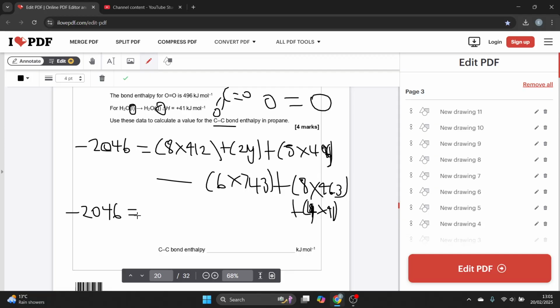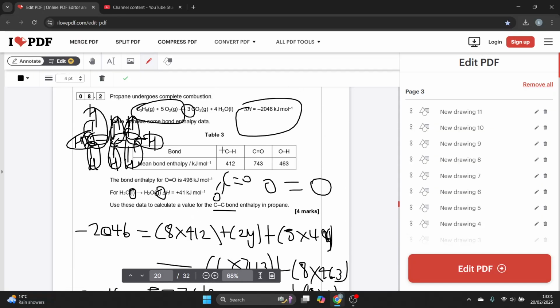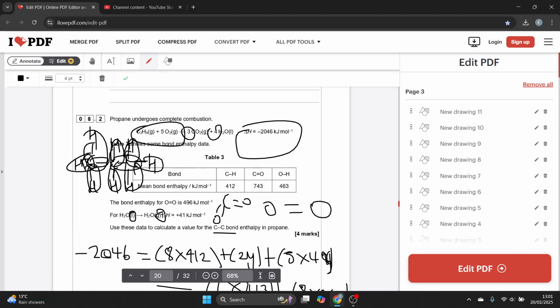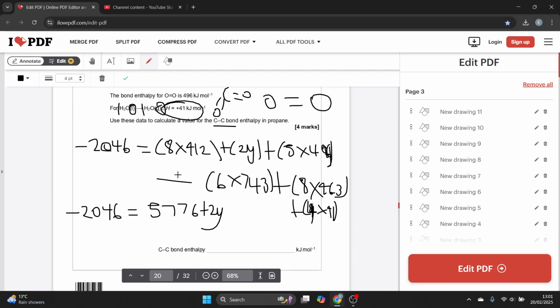Eight times by 412 plus 5 times by 496. 5776 plus 2y. Almost fell for it. I did fall for it. That's 4H2O. It's not going to be 8 times by this. It's just 4 because I'm going from one molecule H2O liquid to gaseous. Just 41 times by 4 because I've got 4 moles.